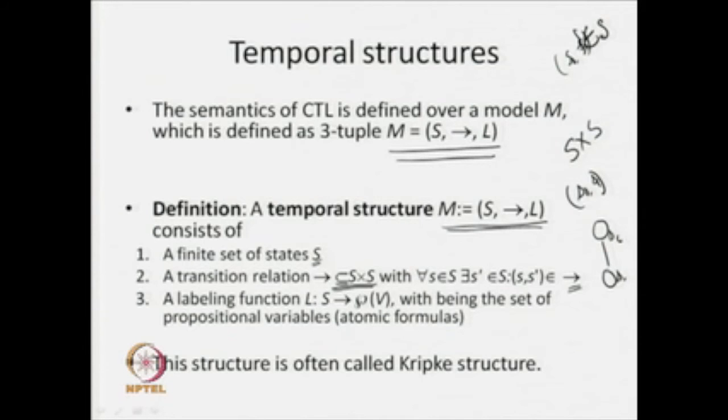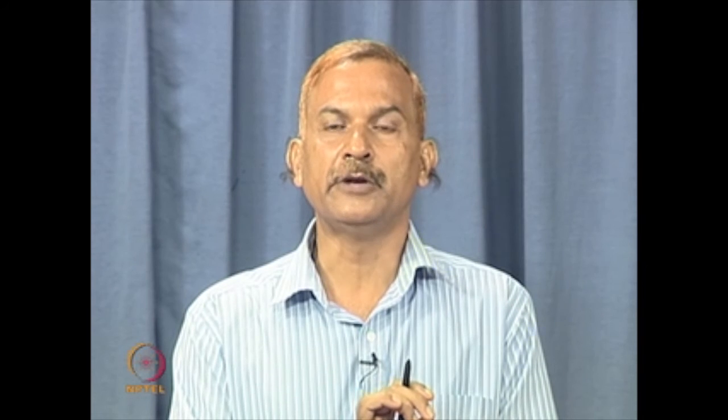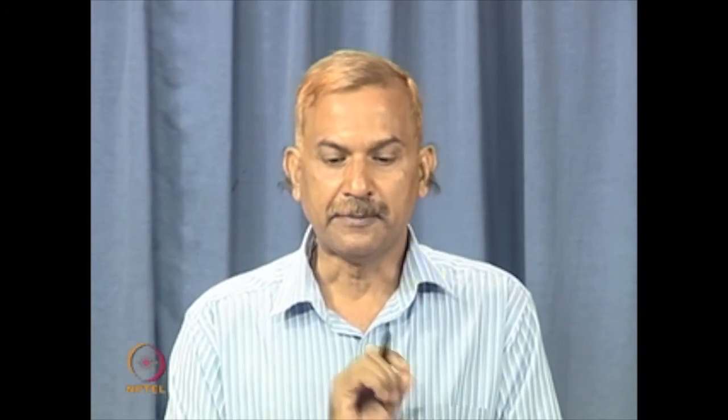If we have a state, from that state we should have a transition to some other state. That means the transition relation is complete. So, this is one restriction on the CTL structure we are defining: the transition relation must be complete. That means if you pick any state s, it must have a successor state.